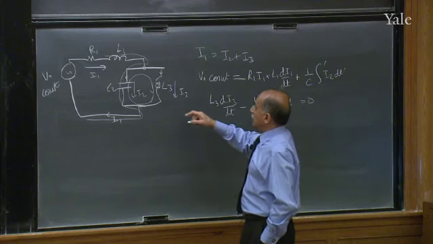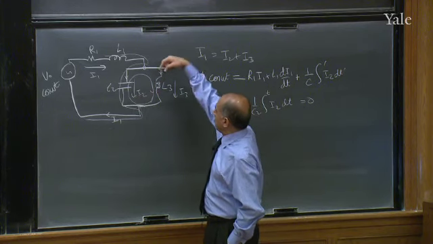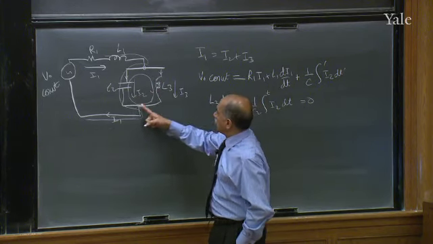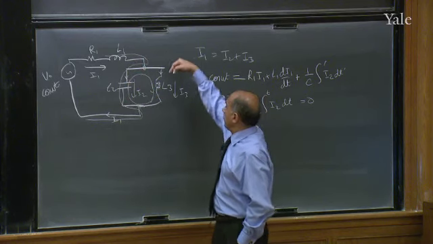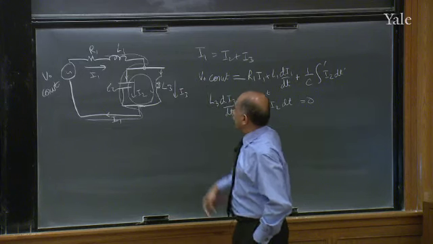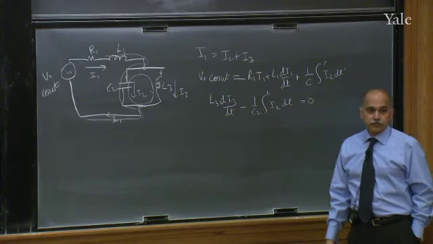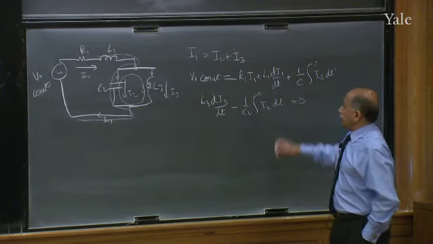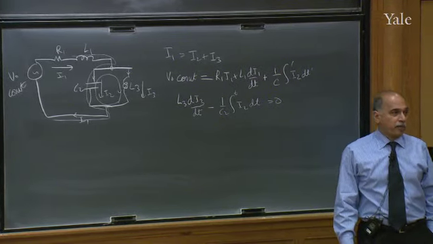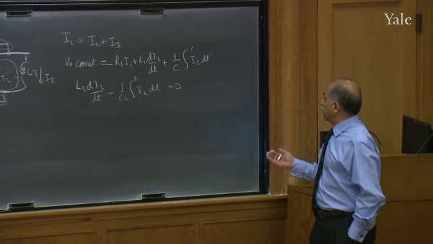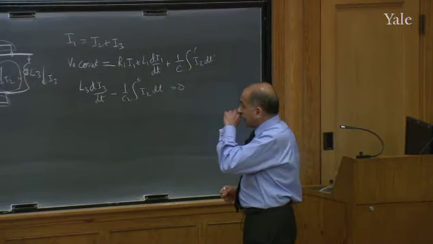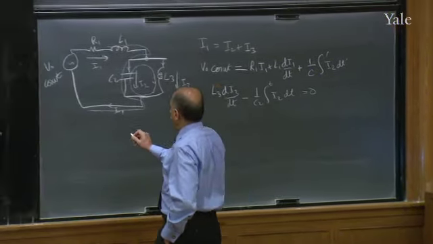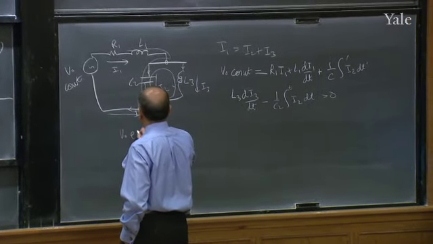The minus sign comes because the current is assumed to flow this way and your loop goes counter to the current. You're going uphill, so everything should be subtracted. But if you go down, you can write it going down this way. So these are the three equations to solve. They're complicated because there are differentials, there are integrals. But if I solve the following problem, V naught e to the i omega t.